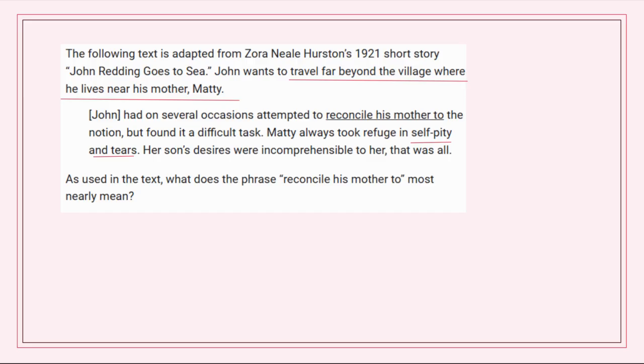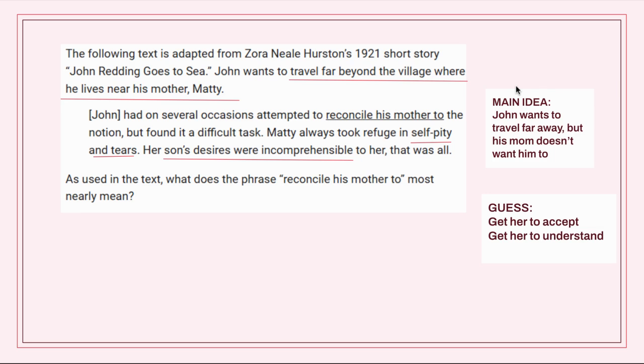So again, these are just some keywords that I used to get to the point that John wants to travel far away, but his mom doesn't want to. So what is he trying to get her to do? He wants to get her to accept the notion that he wants to go. He wants to get her to understand because she doesn't understand. The desires are incomprehensible, so she can't comprehend or understand them. So he wants to make her understand that he wants to travel far beyond that village.